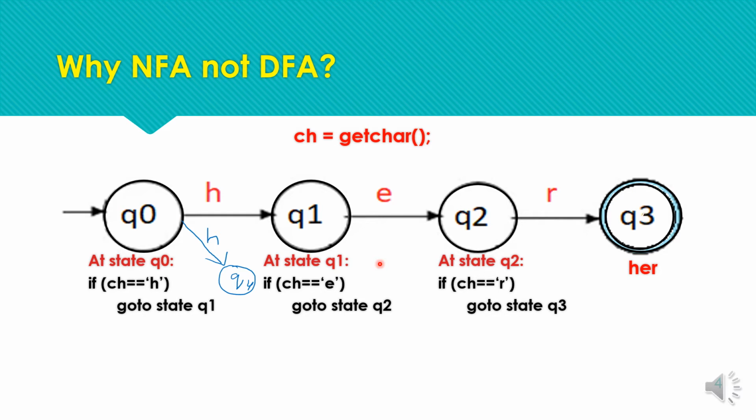Suppose we are having two transitions of H from the Q naught. If we are having an NFA, then we would not be able to write the program or code for the same, because at a state we cannot write code: if the character is H, go to this and also follow the same path, that is going to Q4. So programmatically this is not possible for the implementation.